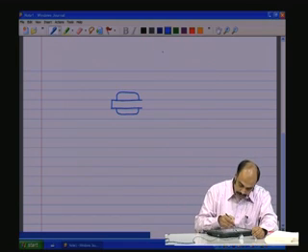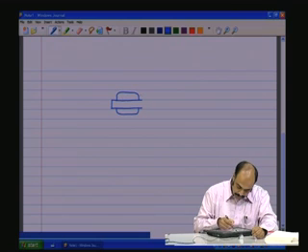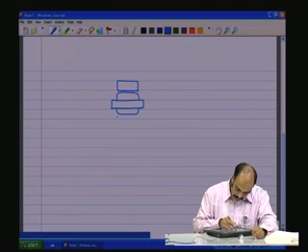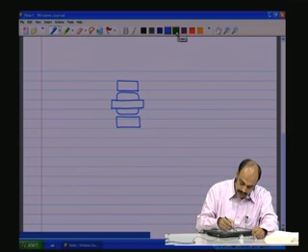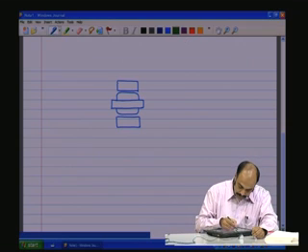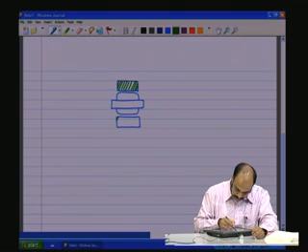So let us call this the rotor, and above the rotor we have the stator, so let us indicate the stator with green hashes. This is a cross section.